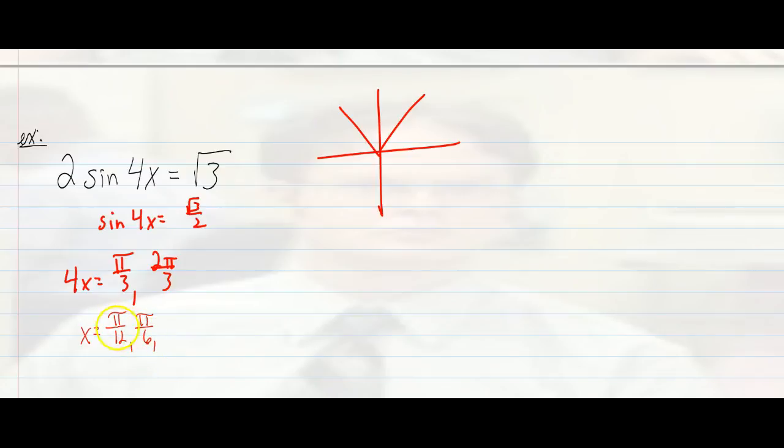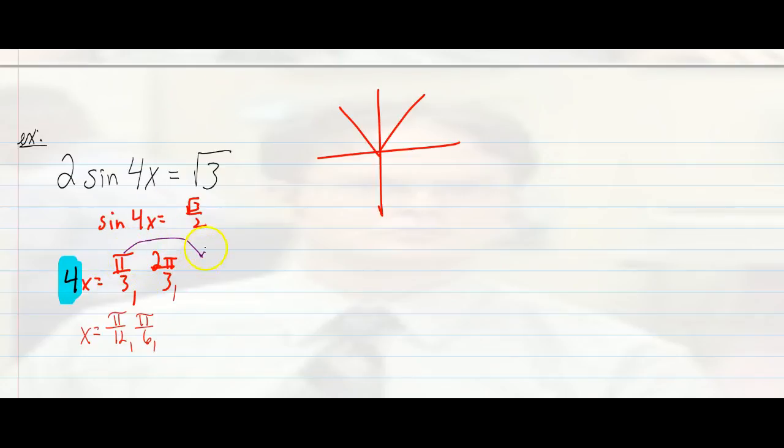Now, both of these answers are quite a bit less than 2 pi. And what I'm going to say is, because this number affecting the period is bigger, we're going to have 4 times as many answers as normal. If it was a 3x, we'd have 3 times as many answers as normal. To find those other answers, what we're going to do is go back to where we found these first solutions.